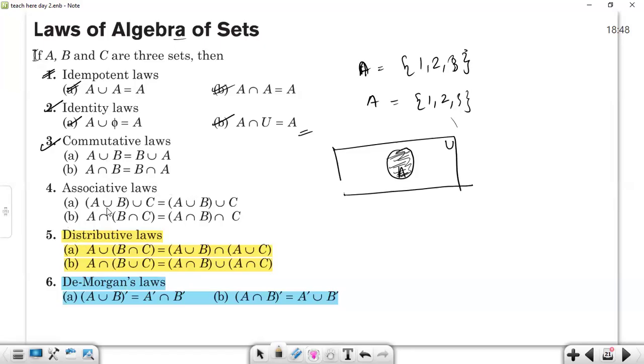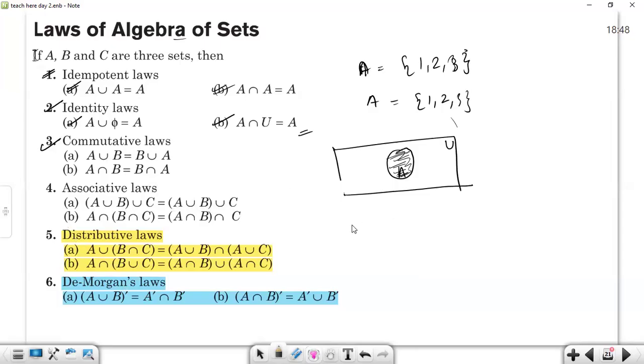Associative law says that A and B unified, if unified further with C, is the same as if we unify A with B union C. Okay, they've written it wrong.